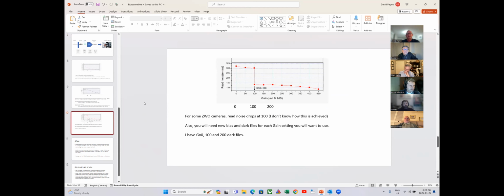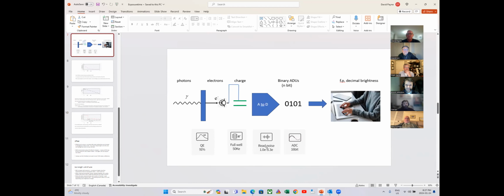And finally, with these ZWO cameras, there is a bit of a consideration. The other source of noise in your accumulator. If I just go back to that read noise for a second, it'll be a combination of a random noise element plus a certain bias. And this is why you're taking bias dark files, very fast exposures.